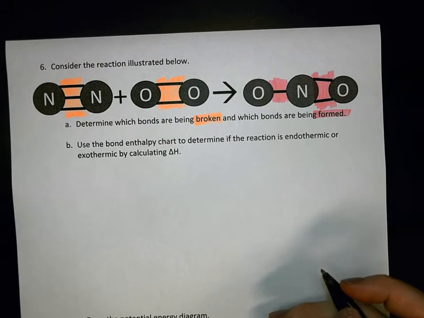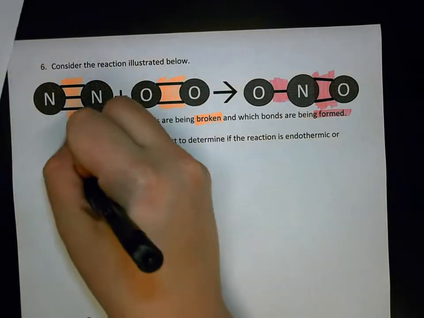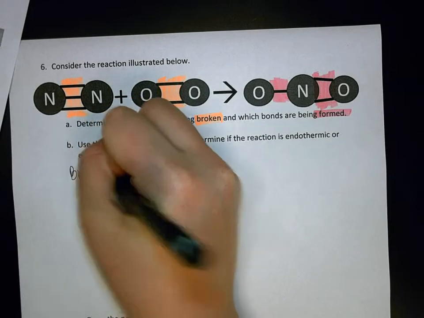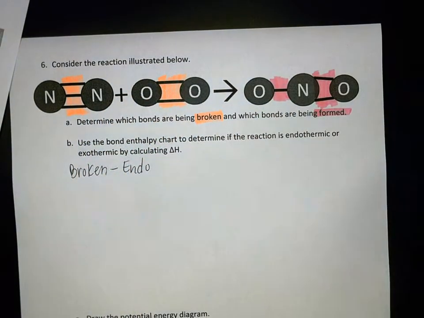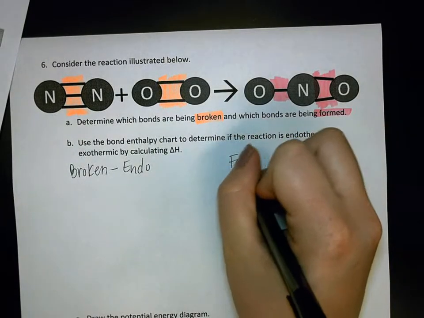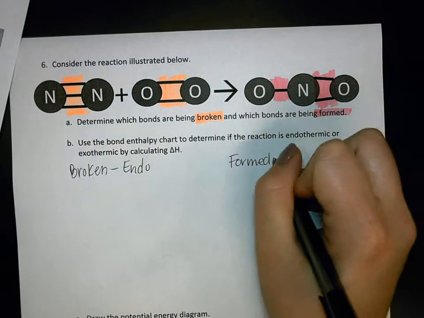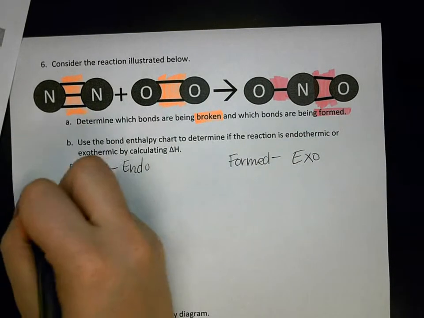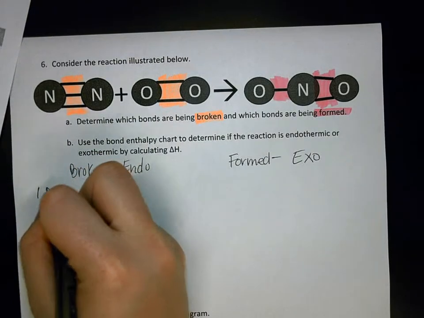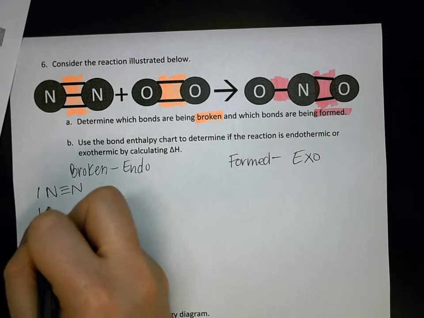So as far as the bonds that are being broken, breaking bonds requires us to absorb heat, so that's endothermic, and forming bonds requires us to release heat, which is exothermic.